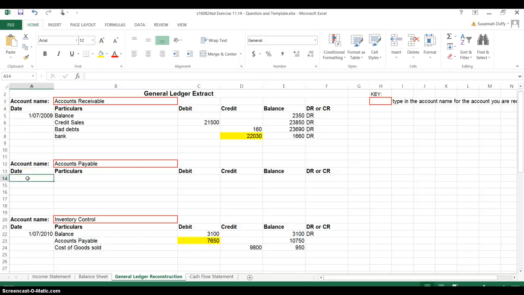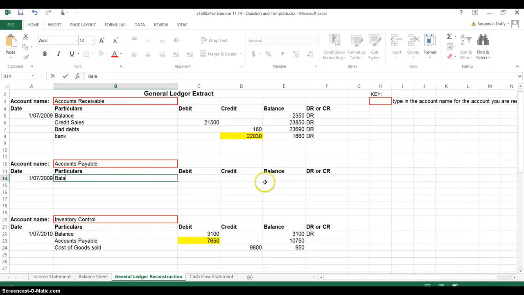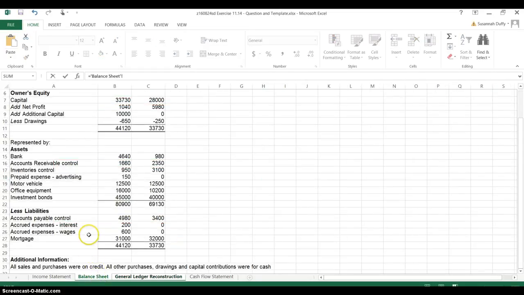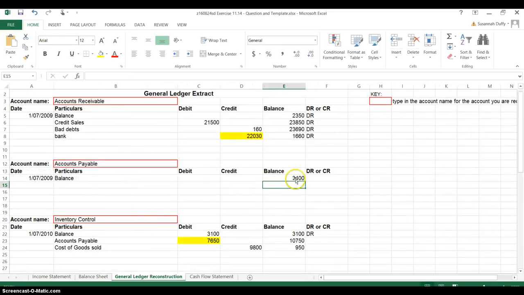So the first thing we know about accounts payable is the opening balance from the balance sheet. Okay, so if we go over to our balance sheet and find accounts payable from last year, it's our opening balance for this year, 3,400. Being a liability that has a credit nature, we can pop that in.